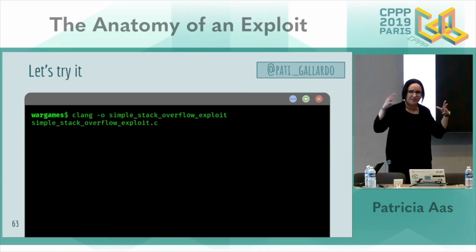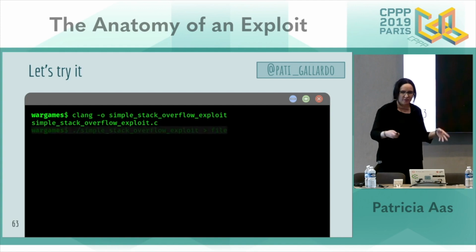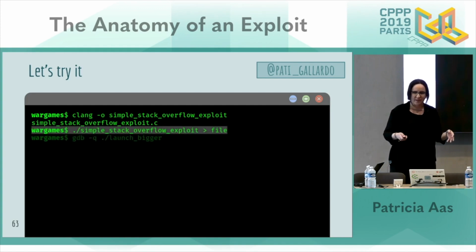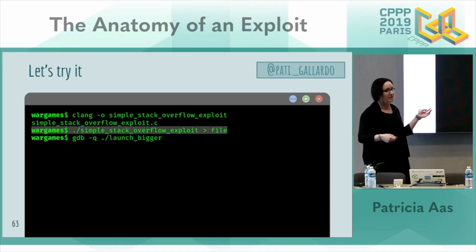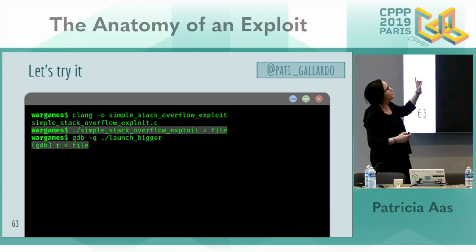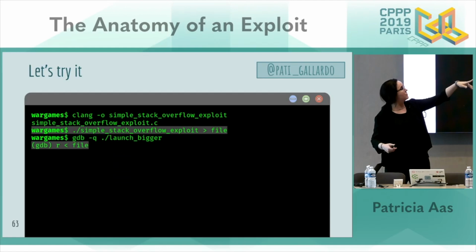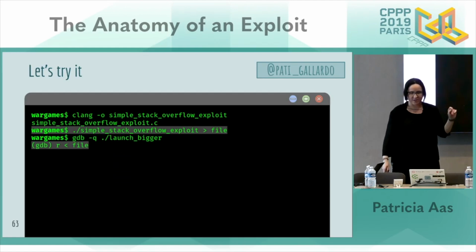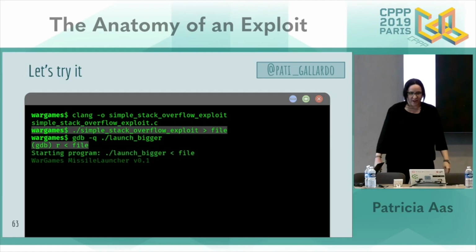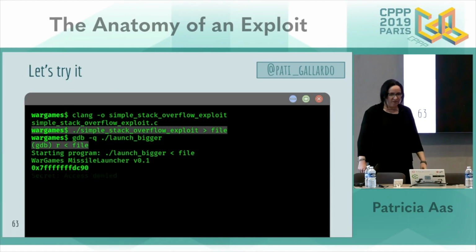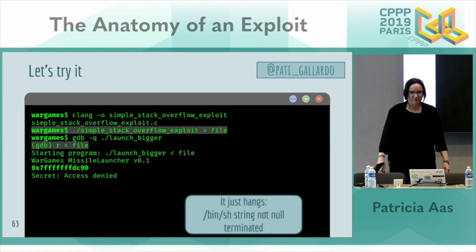But when we try to put it into the framework and use it, and we're going to use it in GDB because it's easier, writing it out to a file and then reading it in GDB is nice. But when you do that, it doesn't really do anything.